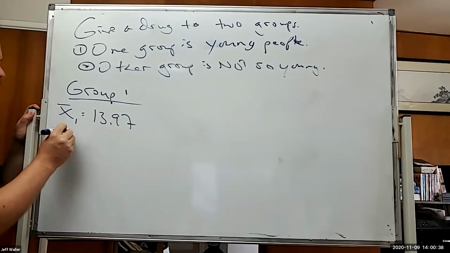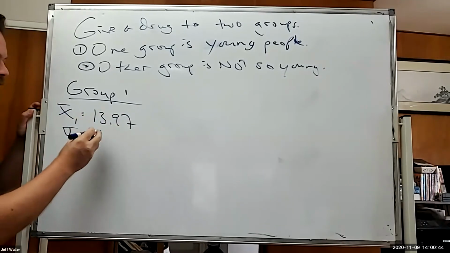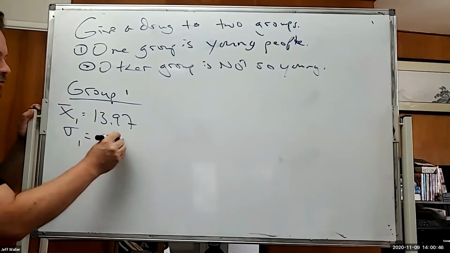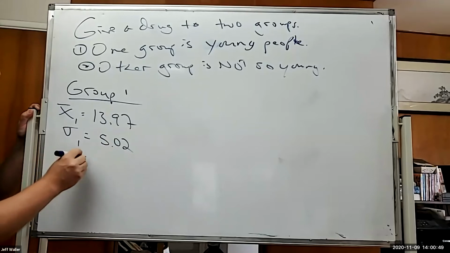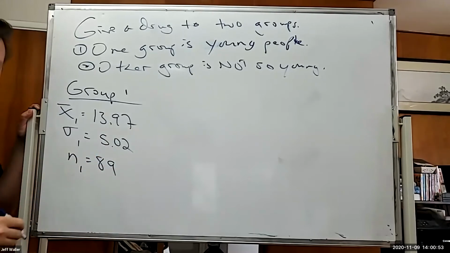And we happen to know the standard deviation. This is the part that's not so real, but oh well. We know the standard deviation is 5.02, and there were, let's say, 89 people in that group.